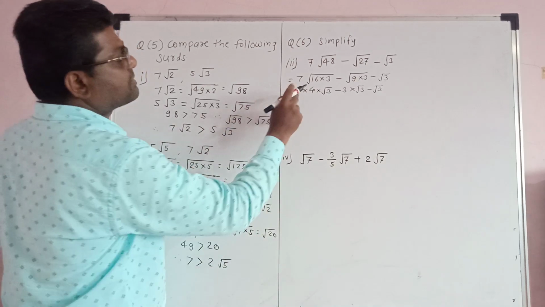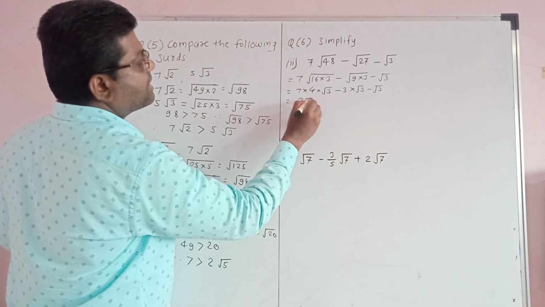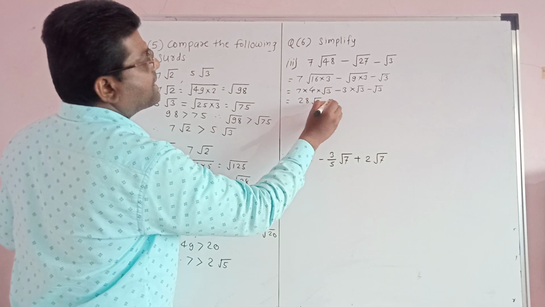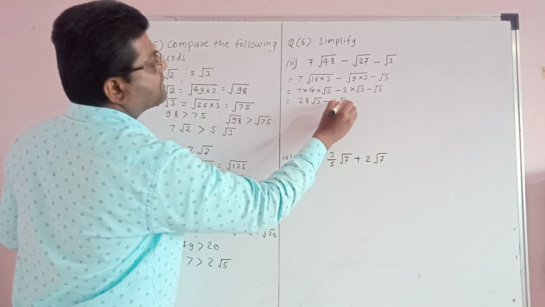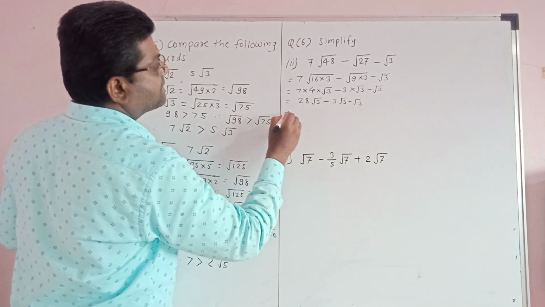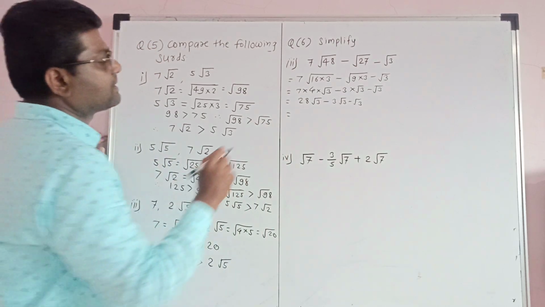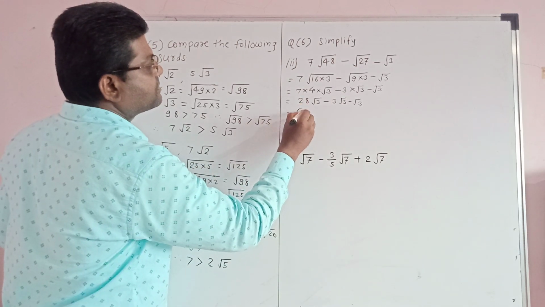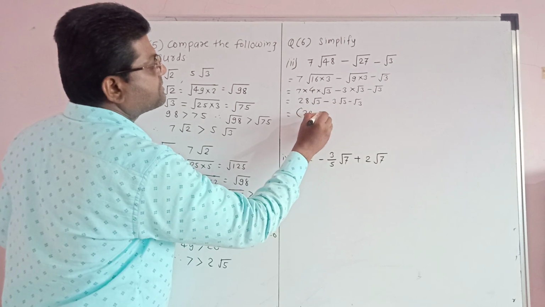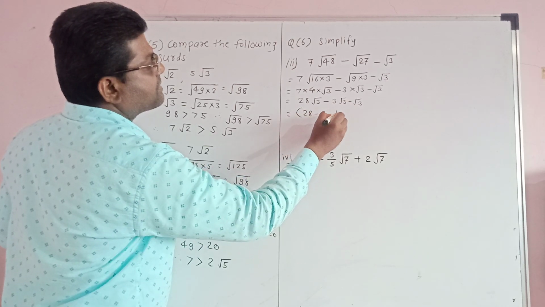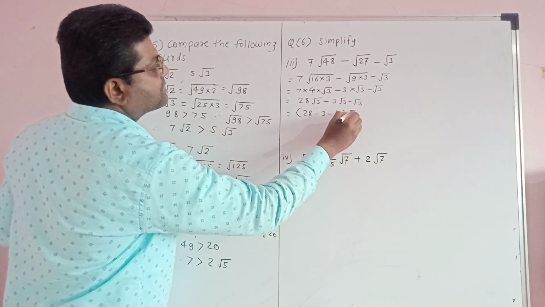Now 7 into 4 is 28 root 3 minus 3 root 3 minus root 3. Now take root 3 common. Therefore in bracket this 28 minus 3 and here minus 1, and root 3 is common.